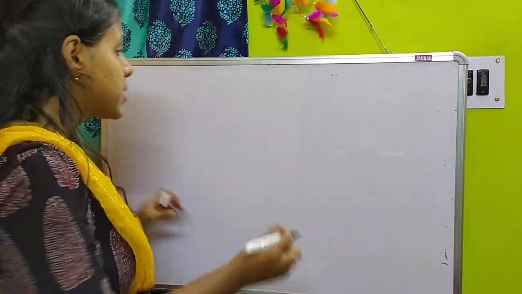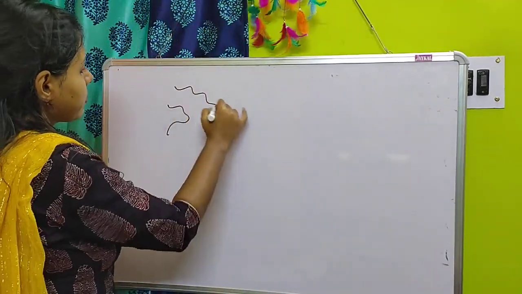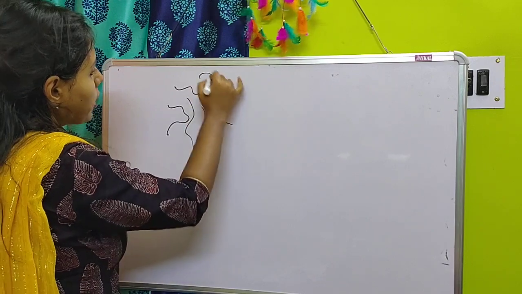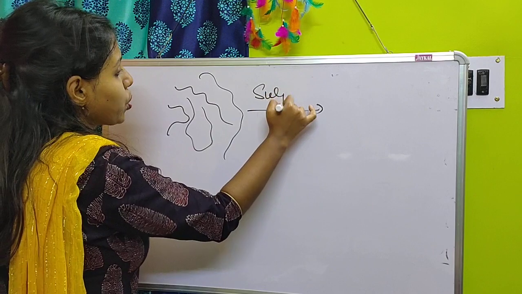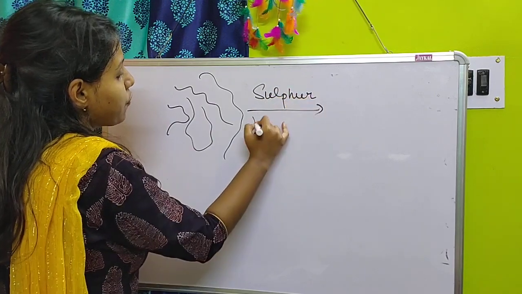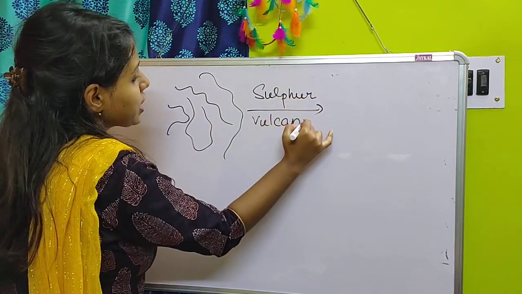A very little amount of sulfur, almost 3 to 4% sulfur, is added to the polymer chain. So sulfur helps to make cross links between them. Suppose these are the polymer chains, and this has gone through sulfur vulcanization.